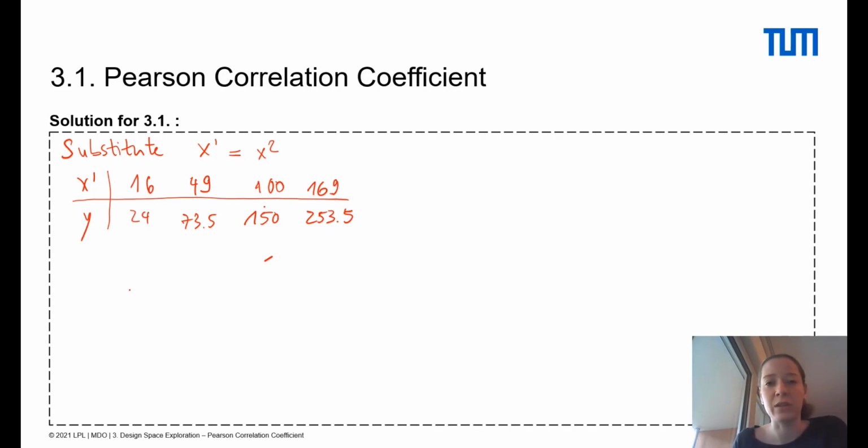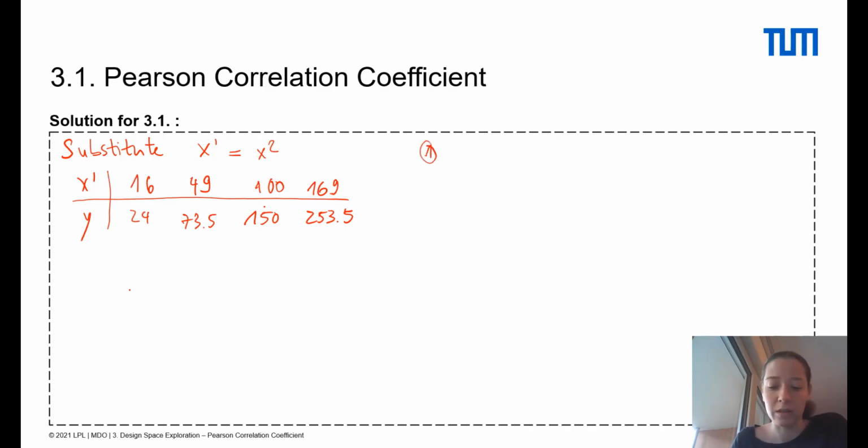Okay, now if we show the linear dependence between our new variable x prime and the objective function y, we've shown a parabolic dependence between the old design variable x and the objective function.